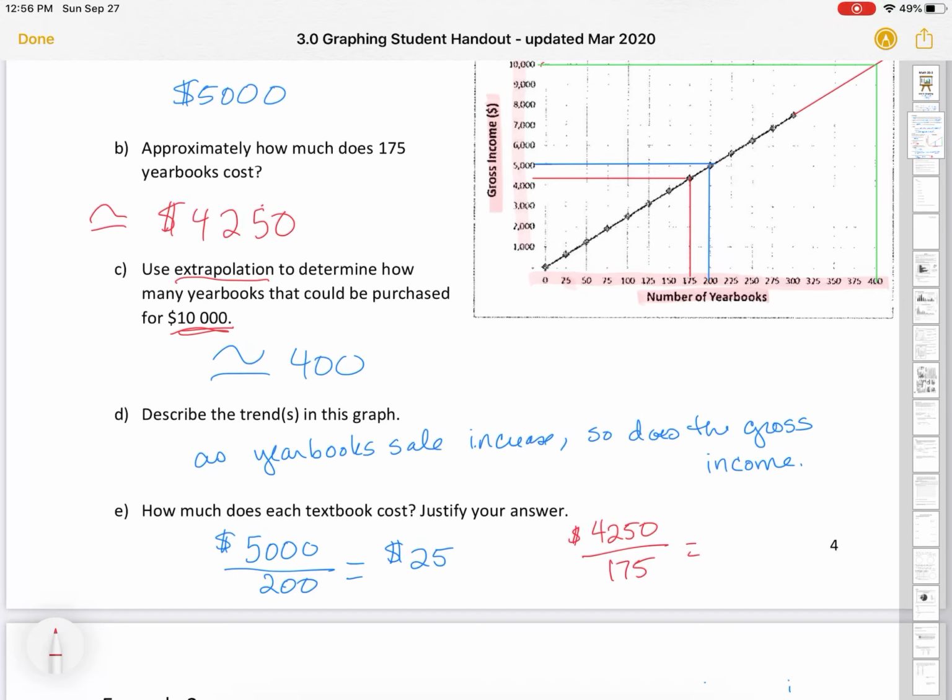So 4,250 divided by, and that's about 24.3. So it's in the ballpark. This was an approximation, right? So if we look at that, we're pretty close. We could also take our 10,000 and divide it by our 400, and that works out to 25 per book.